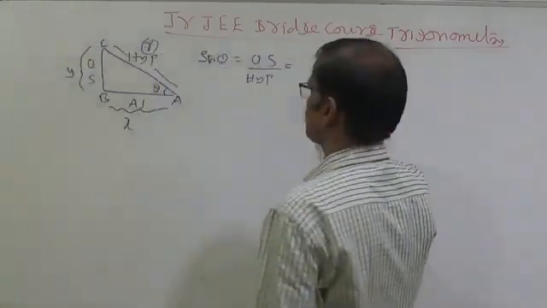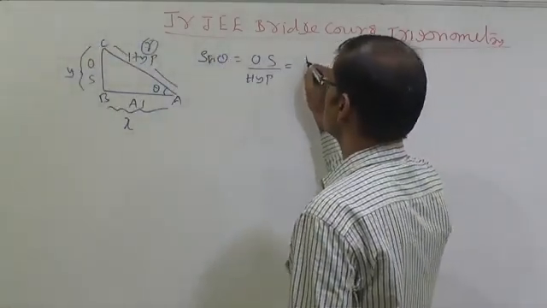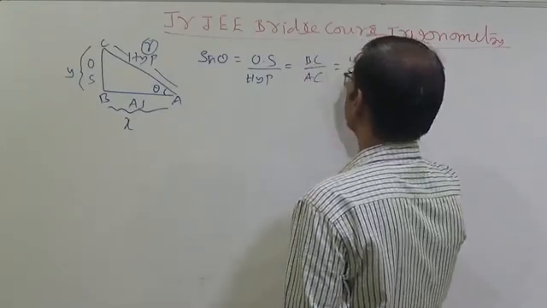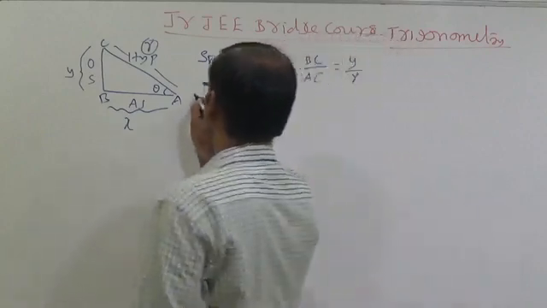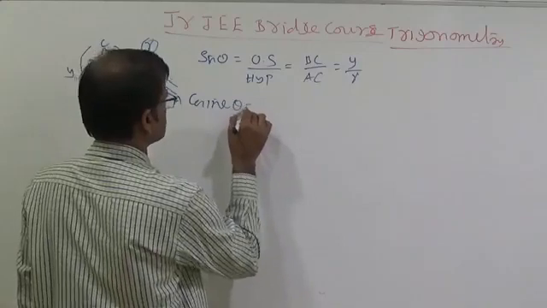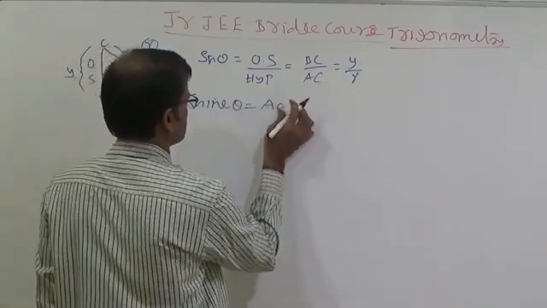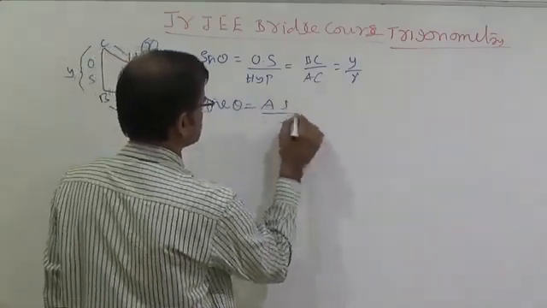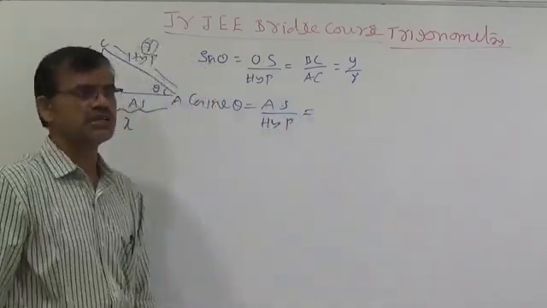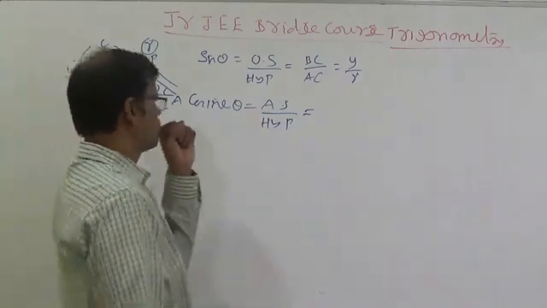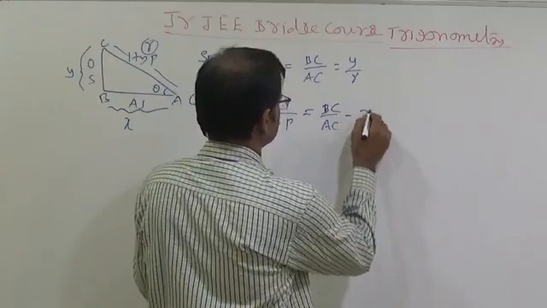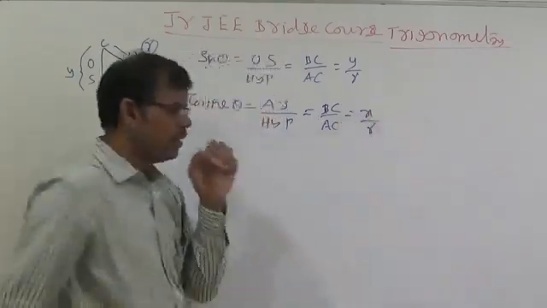Opposite side means BC, so BC by AC is equal to y by r. Next, cos theta is equal to adjacent side by hypotenuse, that is AB by AC, equal to x by r.